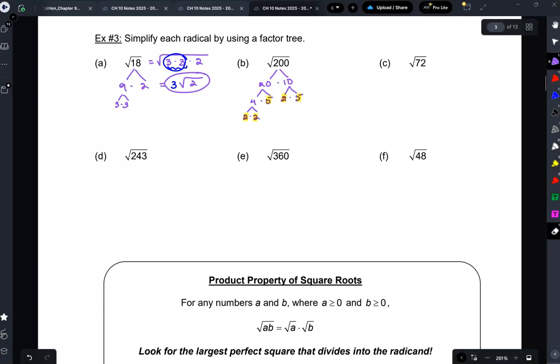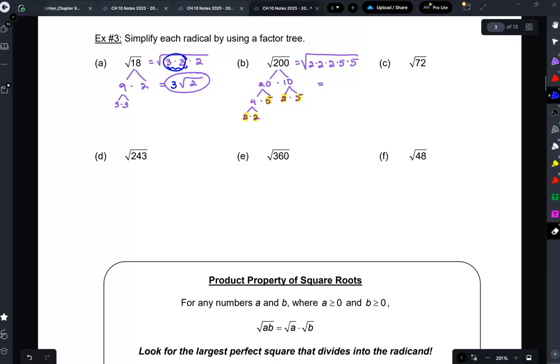So now, this is going to equal the square root of 2 times 2 times 2, 5 times 5. Now, you have to group them in pairs.